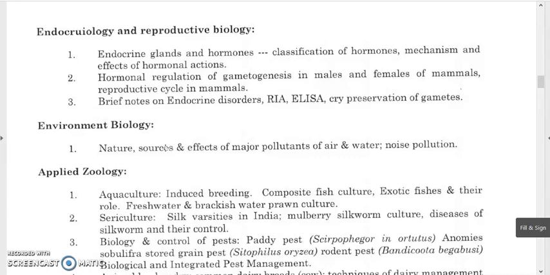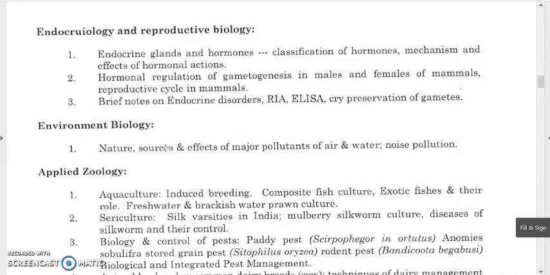Then their functions, like thyroid hormones, and hormones from the pituitary gland, different types of hormones, LH, FSH, TSH, GTH, all hormone functions, ADH, where they are released from, the mechanism of action, and the different types of receptors, hormonal regulation of gametogenesis in males and females of mammals, and the reproductive cycle in mammals, like the menstrual cycle and its hormonal regulation, brief notes on endocrine disorders, different types of endocrine diseases, and how they take place, right?